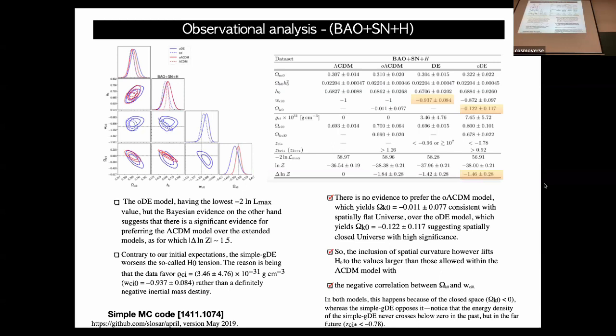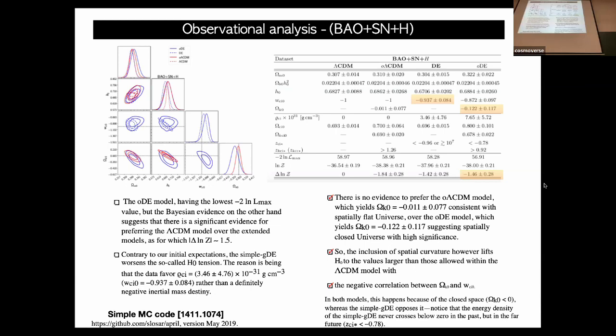When we do the observational analysis with BAO, supernovae, and cosmic chronometers without Planck, as you see here, there are four models: lambda CDM, O lambda CDM, DE, and ODE. We call DE the simple graduated dark energy. Contrary to our initial expectations, simple graduated dark energy favors a positive inertial mass density, and this positive value actually worsens the H naught tension.